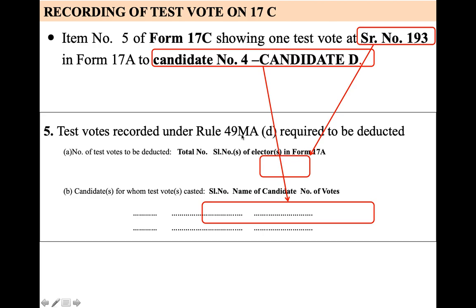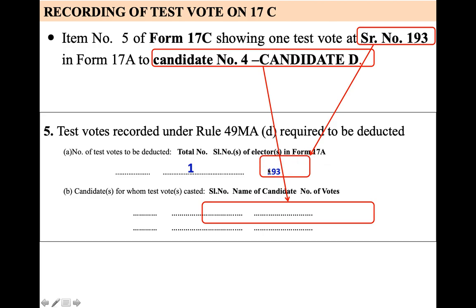So we are showing you just point number 5, test votes recorded under Rule 49MA. If there is a case of test votes, how do we record it in Form 17C? There will be two rows, row A and row B. In row A, we enter the detail of the person who has recorded a test vote. We enter Lakshmi's serial number in Form 17A.